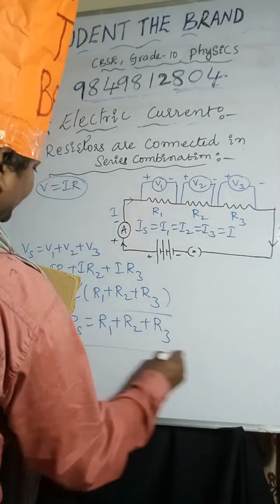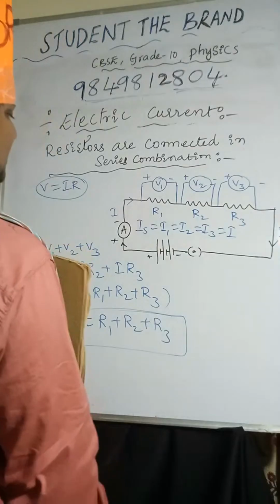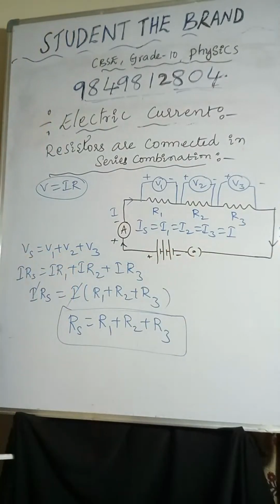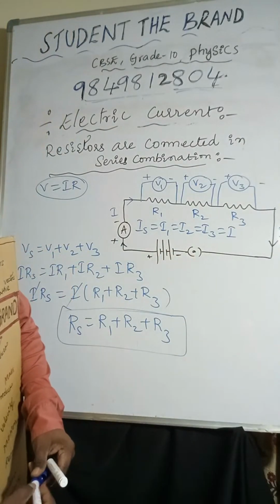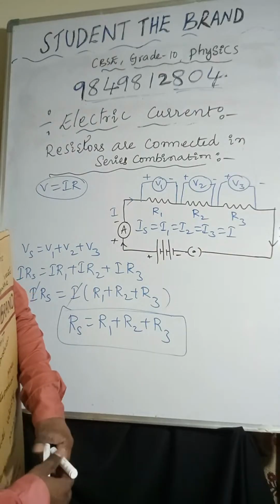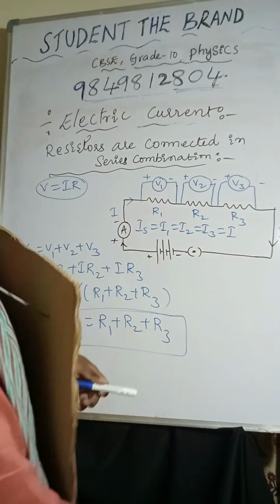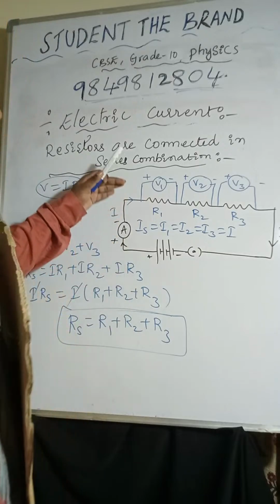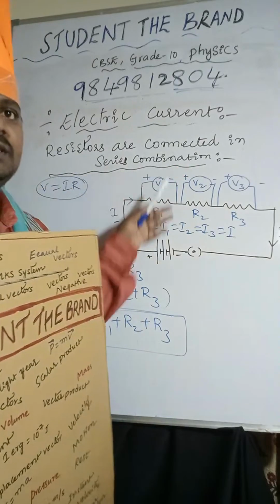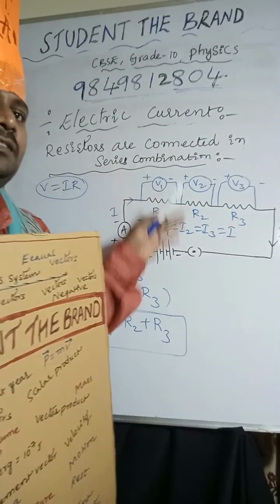So now we can observe that when resistors are connected in series combination, Rs equal to R1 plus R2 plus R3. Current is the same throughout the circuit but potential difference is different.